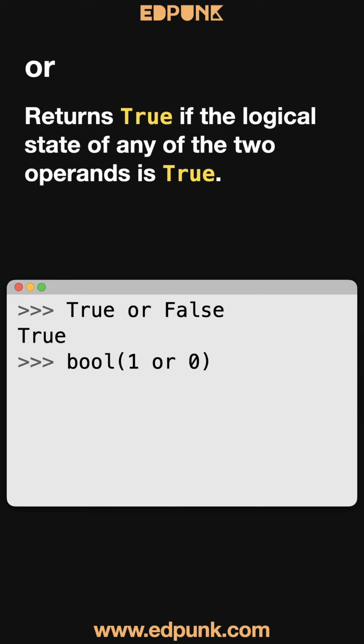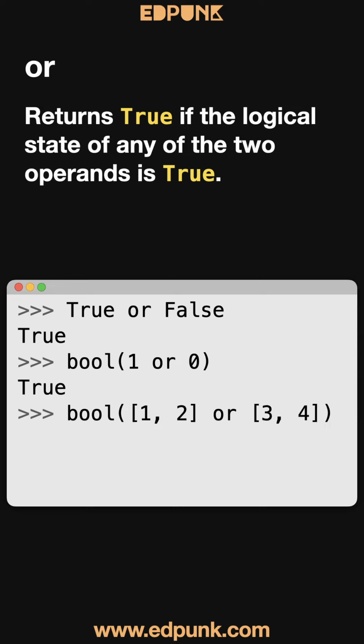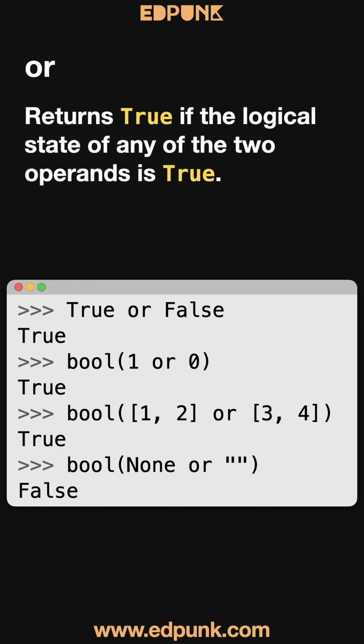Similarly, bool of 1 or 0 returns true as the logical state of 1 is true. bool of list 1, 2 or list 3, 4 returns true as the logical state of both the lists are true as they are not empty. bool of None or empty string returns false as the logical state of both the operands is false.